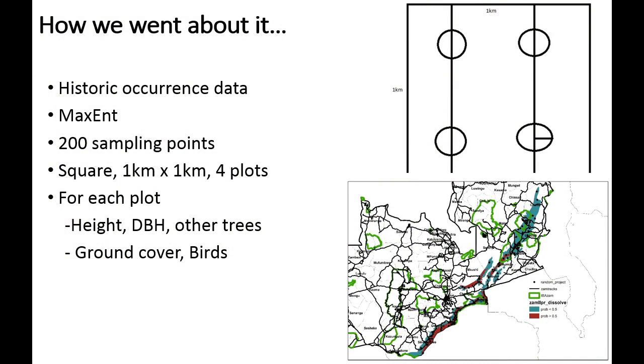And when we had the area to focus on, we selected 200 points to go out and sample, and our sampling unit was a 1 kilometer by 1 kilometer square, and we sampled within it these circular plots with about 15 meters diameter, and we sampled all the vegetation, DBH, height, type of tree species, the ground cover, even looked at what the birds were there.